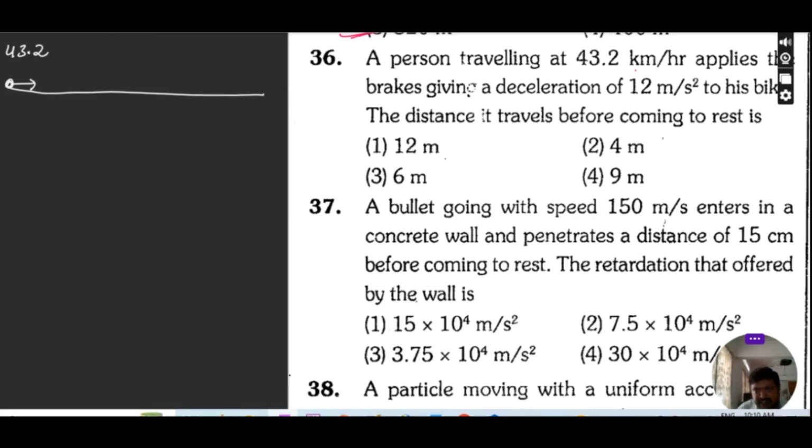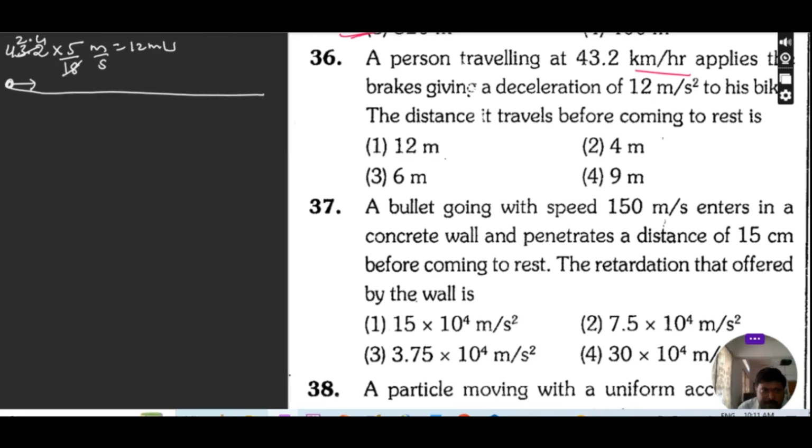So my dear children, convert kilometer per hour into meter per second. In the place of kilometer per hour, write 5 by 18 meter per second. So 18 1s are 18, 18 2s are 36, 36, that is 7.2, that is 18 4s are 72. Then 2.4 into 5, that is 5 4s are 20, that is 12 meter per second.